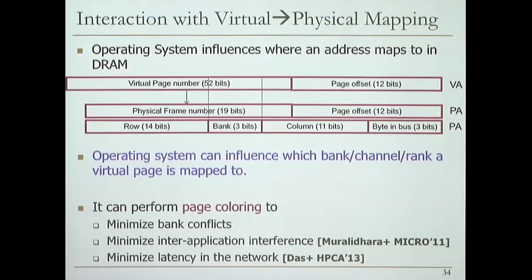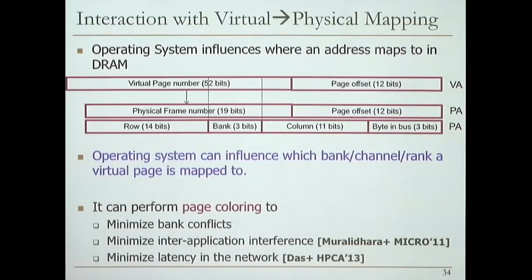OK, we will see page coloring later on when we talk about shared caches in multi-core systems, because the operating system has an influence on the conflict patterns that you get in shared caches as well, because a similar thing happens in shared cache indexing, right? The index of your cache comes from your physical address, and the operating system has influence on which bits of those physical addresses are allocated to which frames, right? And we will see that.